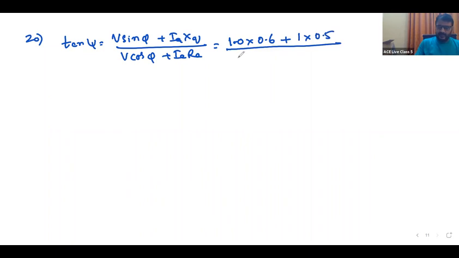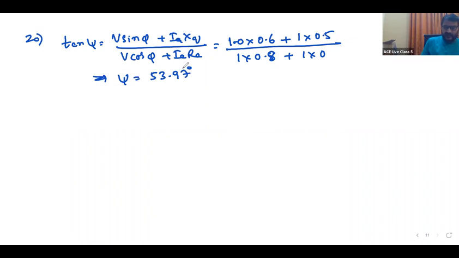The denominator is V cos phi, that is 0.8, plus IA RA, and RA is 0. So that is tan psi. From this we can calculate psi, which is 53.97 degrees. You can calculate and check it.